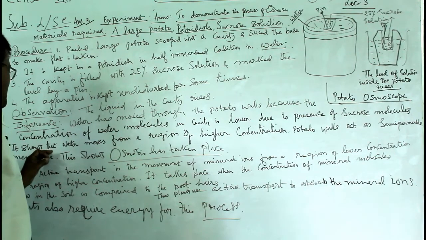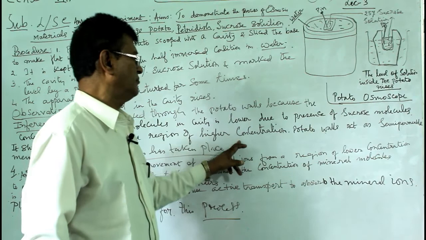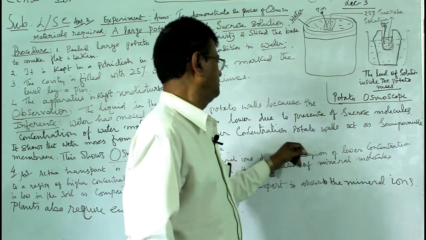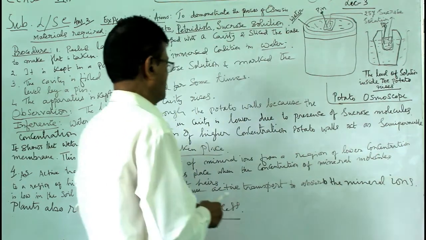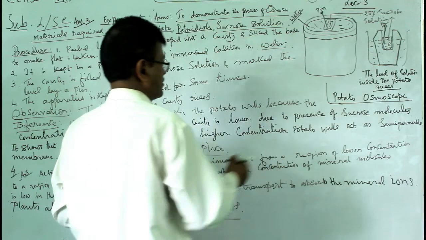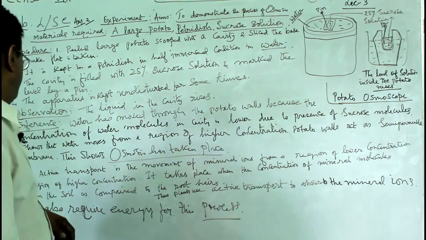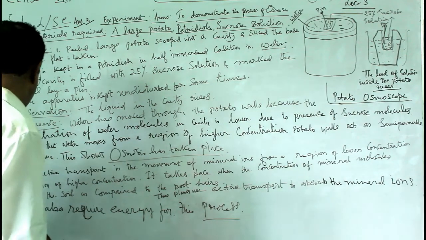It shows that water moves from a region of higher concentration in the potato walls, which act as a semi-permeable layer. So from higher concentration it moves to lower concentration. This shows osmosis has taken place.